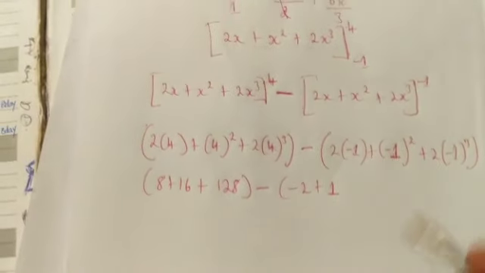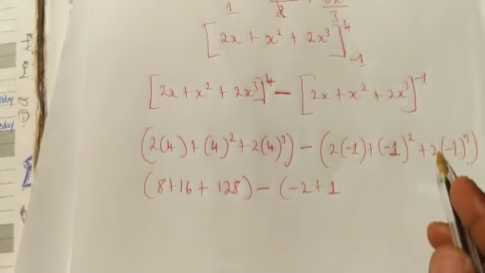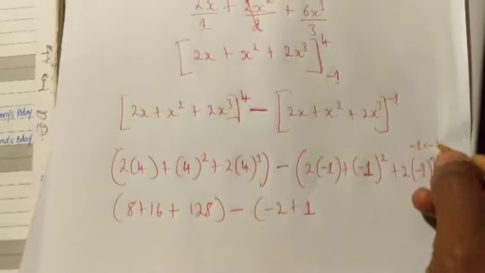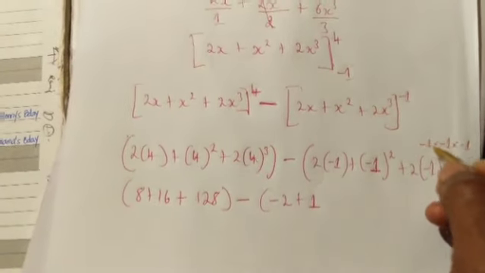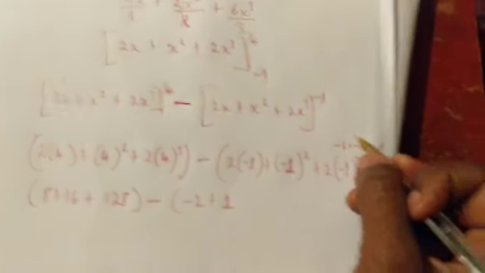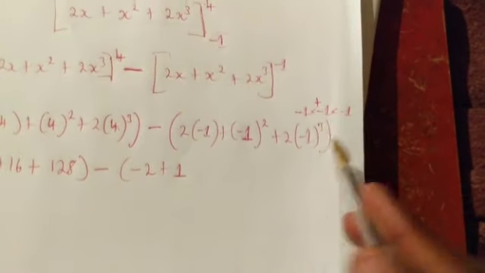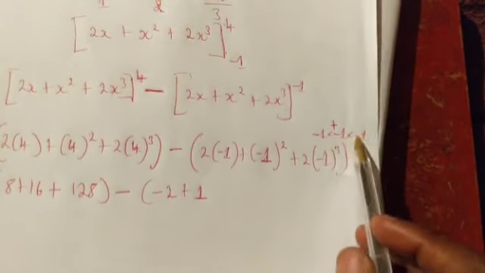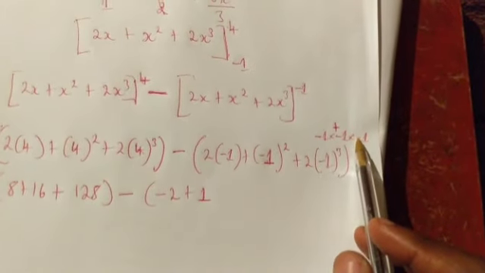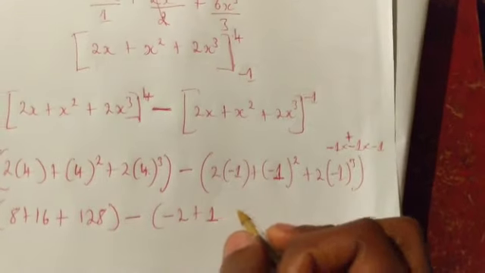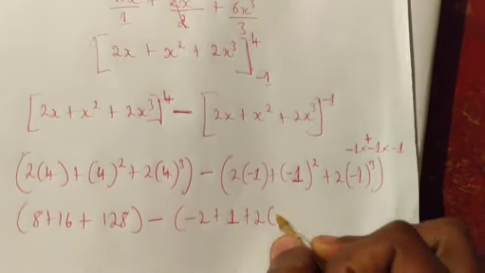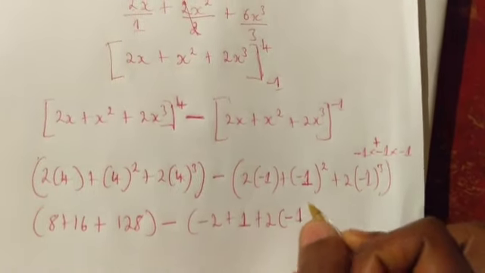Then -1 times -1 times -1: negative times negative gives a positive, and positive times negative gives a negative. So we're going to have plus 2, then minus 1, like this. That is what we're going to get.